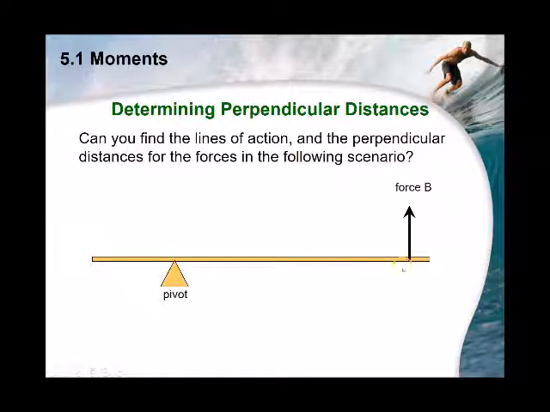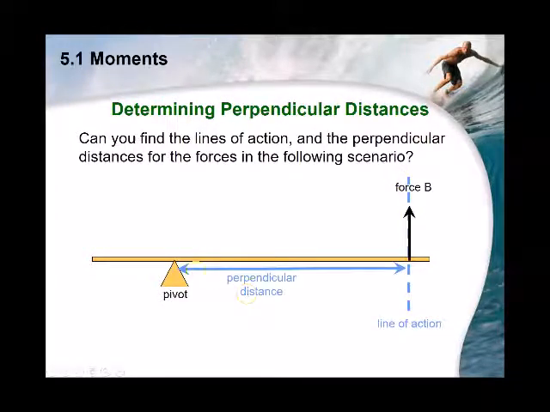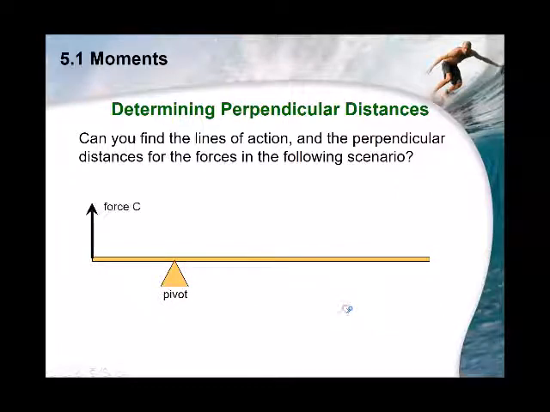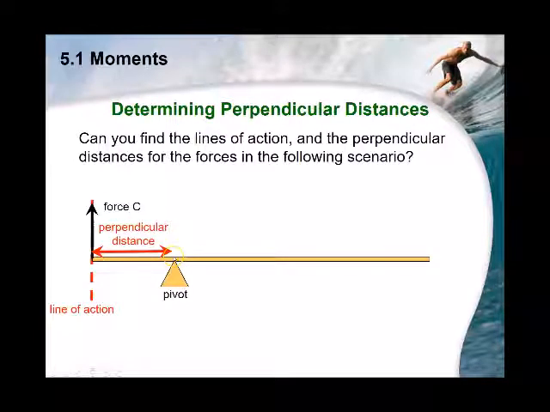What about this one? We draw the line of action of the force again, and then we draw the perpendicular distance. Now for force C, the perpendicular distance will be from the force to the pivot. So all this is pretty straightforward.